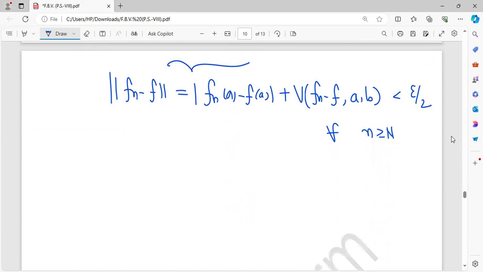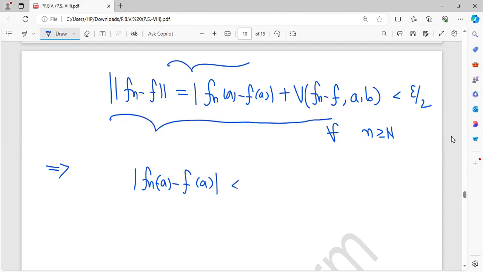But we know that this implies |f_n(a) minus f_m(a)|, because this quantity is less than the whole quantity, so this will also be less than epsilon by 2. And the norm of (f_n minus f_m) on [a, b] is less than epsilon by 2, because both are non-negative quantities, so each is smaller than the total.